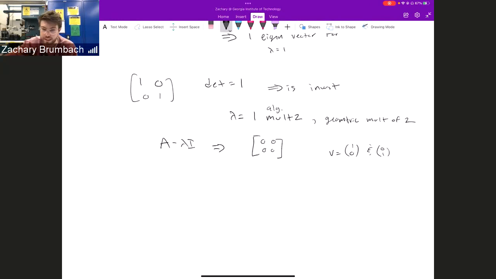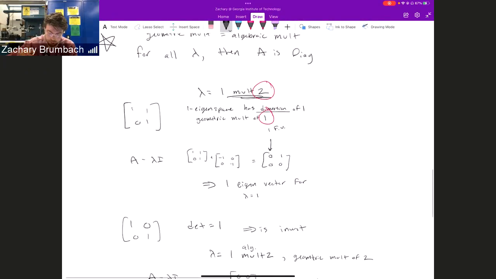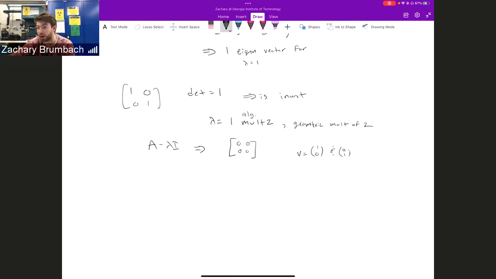This is the easiest example because it's the identity, but this works for everything, okay? In this case, something is invertible and diagonalizable. In this case, it is invertible but not diagonalizable. We can also have something that is not invertible but is diagonalizable, okay?